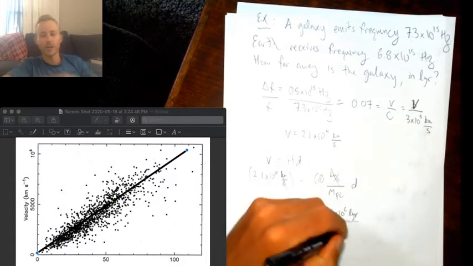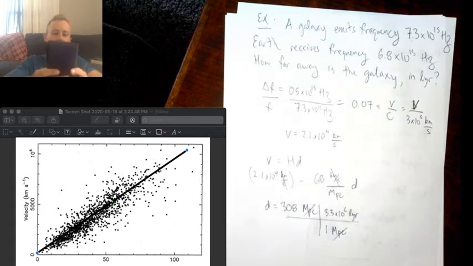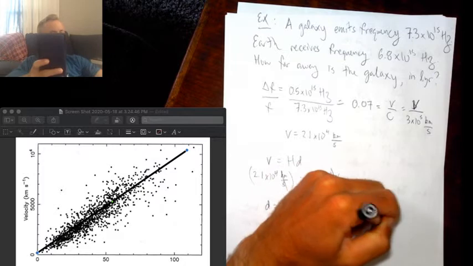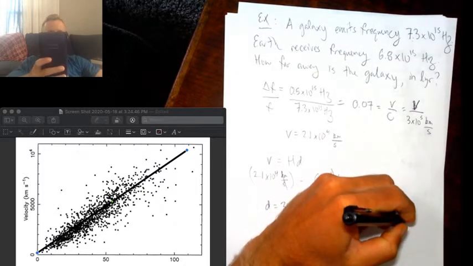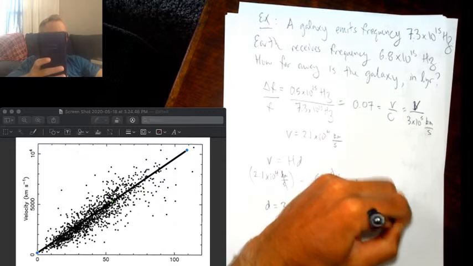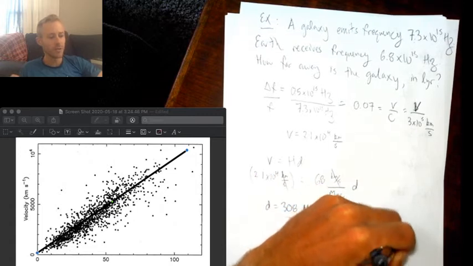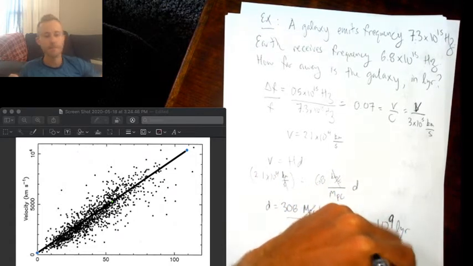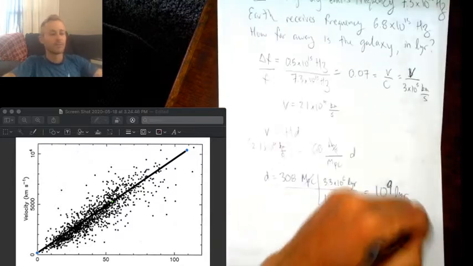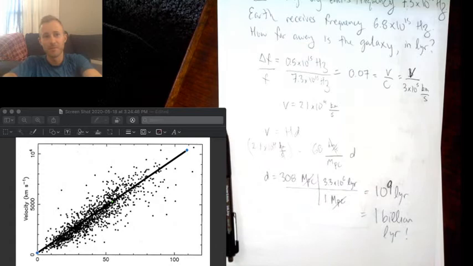Megaparsecs cancel, and we get right around 10 to the 6th light years away. Oh, 10 to the 9th, excuse me. So this galaxy is roughly 1 billion light years away. That's a long way away. It's pretty cool that we can tell the distance to the galaxy.